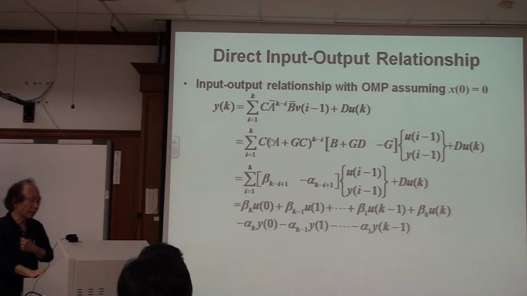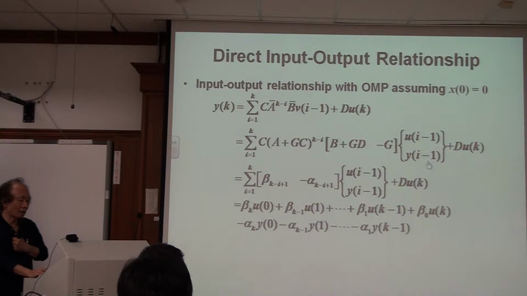Now if we expand it, we have the U I minus 1, Y I minus 1 plus D U k. You assume that the front part of this term we call beta, then the rear part of this term we call alpha.